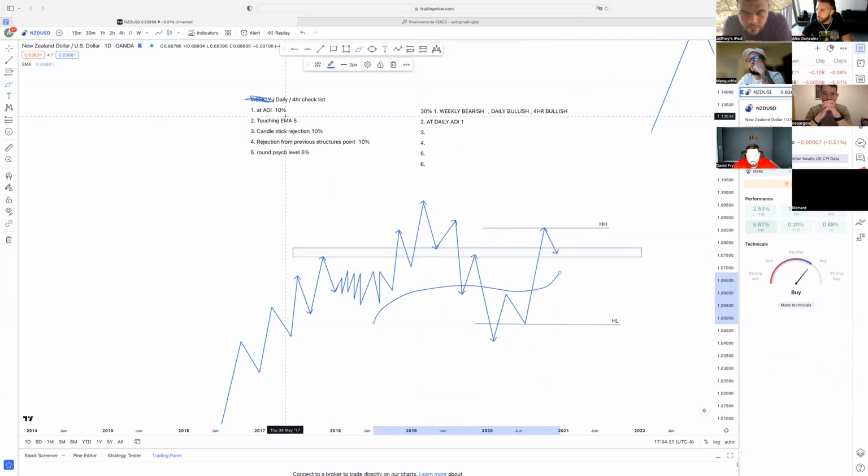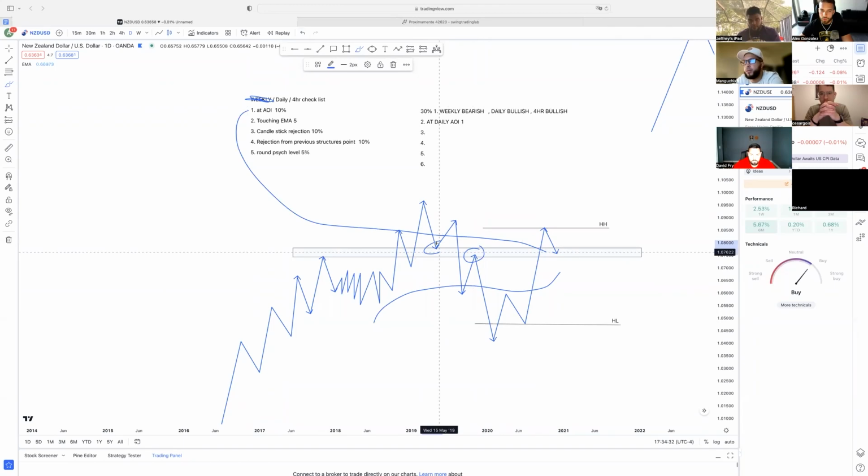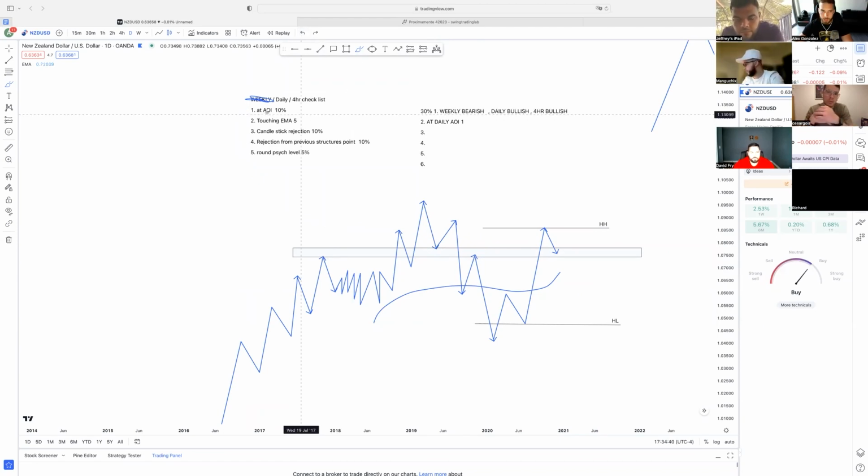Let's walk through it very simply. Are we at an area of interest? I don't know, let's see. Is this an area of interest? We have 1, 2, and then 3. Is that considered an area of interest? Type 1 if yes, type 2 if no. Okay, correct. So this checks off.